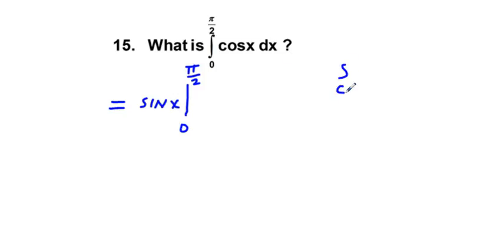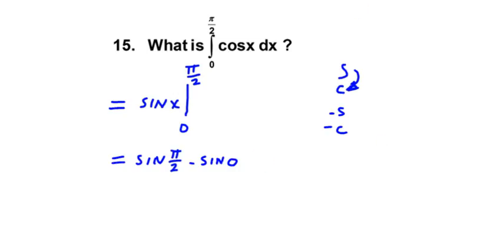I do this Santa Claus snow cone thing where you're deriving down: the derivative of sine is cosine, and the antiderivative of cosine is sine. So sine stays positive, and what we have is the sine of pi over 2 minus the sine of 0.